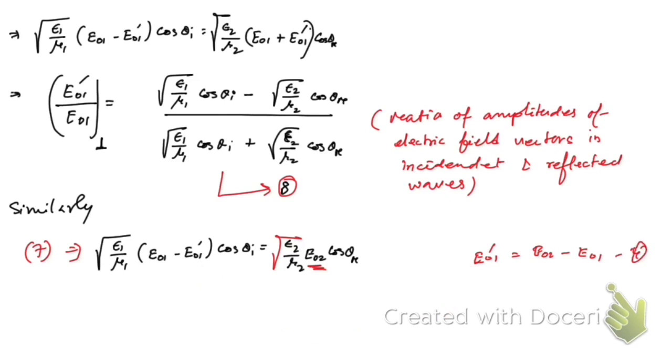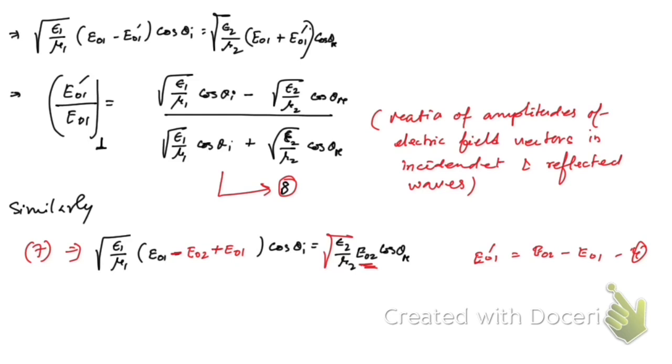So then what we're going to have, if we replace this E01 dash by E02 minus E01, then because of this minus, this is going to be plus. I hope you have understood this.